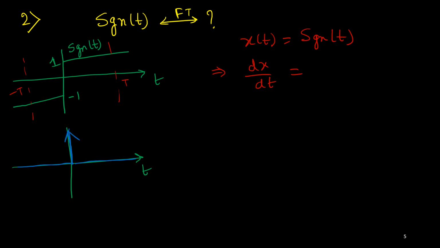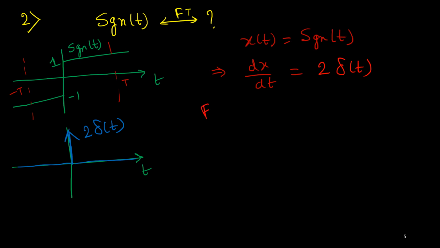And this change is from minus 1 to plus 1, so the change is 2. 1 minus minus 1 is 2. So 2 times delta t. That is important. Thus we can write that the derivative is simply 2 delta t.